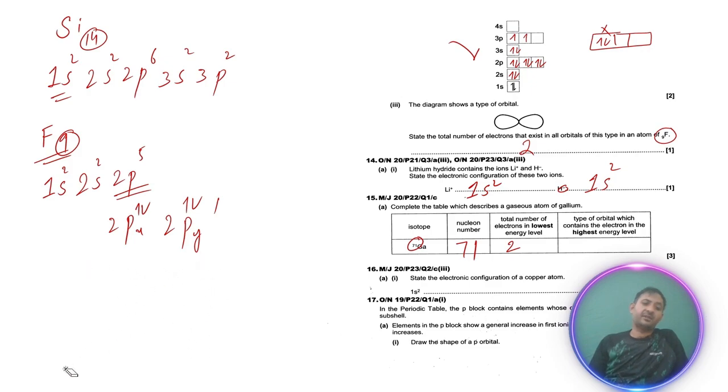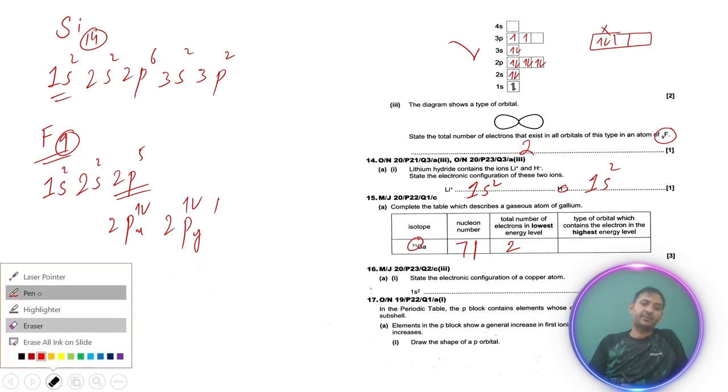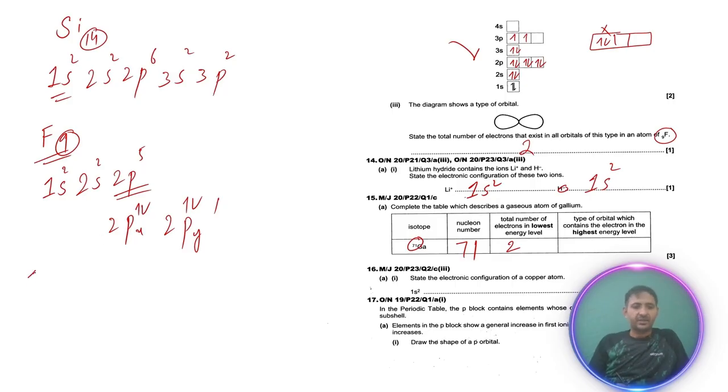Okay, to find the last highest occupied orbital. Here we have 1s2, 2s2, 2p6, 3s2, 3p6, 4s2, 3d10. Okay, now we have 31.